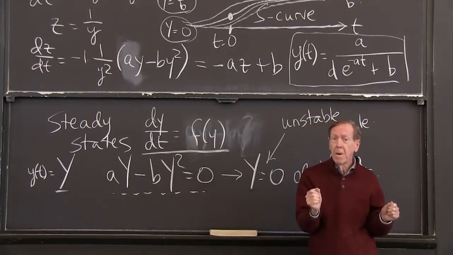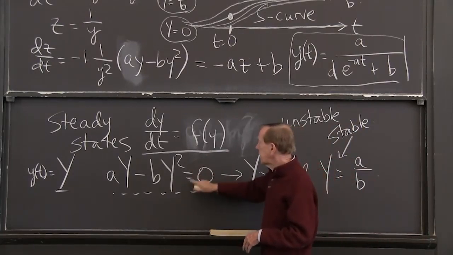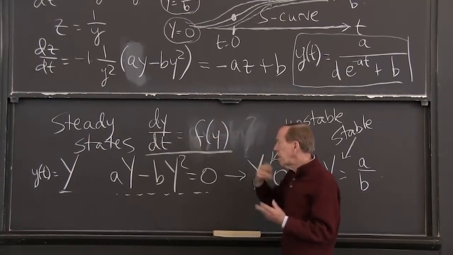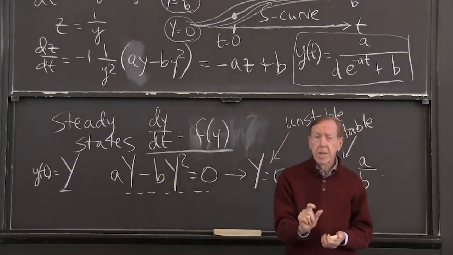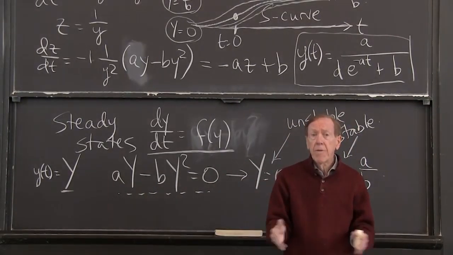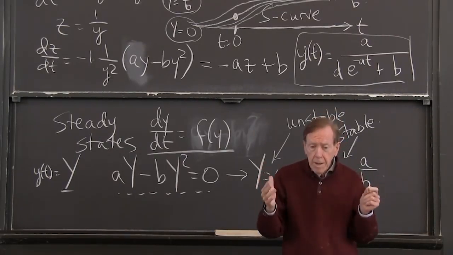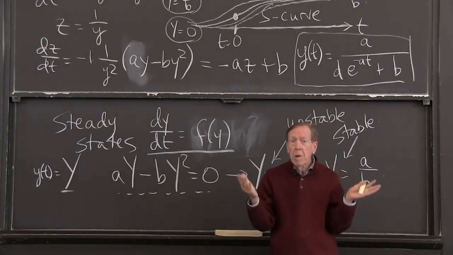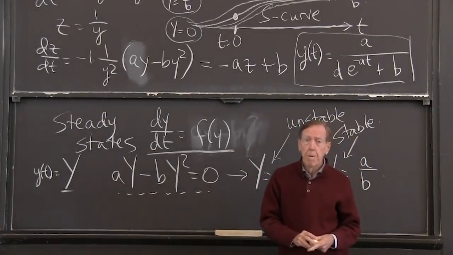Notice that they are not linear, but we can solve for steady states. A steady state will be when f at y is 0. Then nothing happens. But is that steady state stable or is it unstable? That's the crucial thing for all applications. Are we settling down to something acceptable, or are we blowing up to something impossible? That's the next video. Thank you.